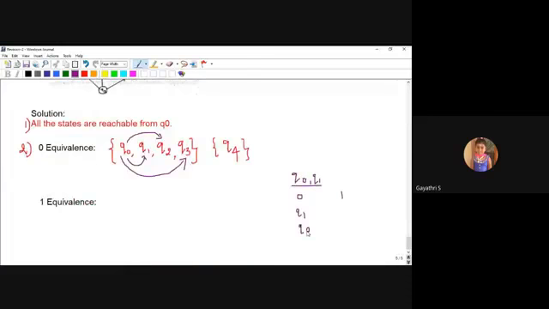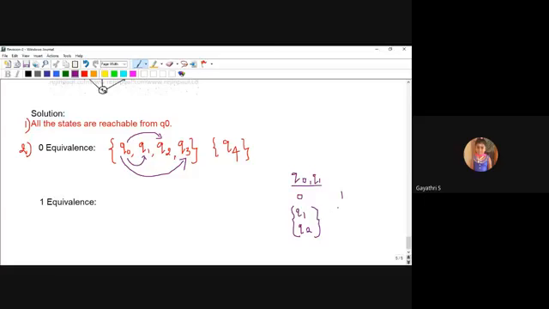I have identified this pair, and you will check whether it is in the same group or not. For calculating one equivalence, you take the constraints from the zero equivalence. In the zero equivalence, Q1 and Q2 are both in the same group, right?